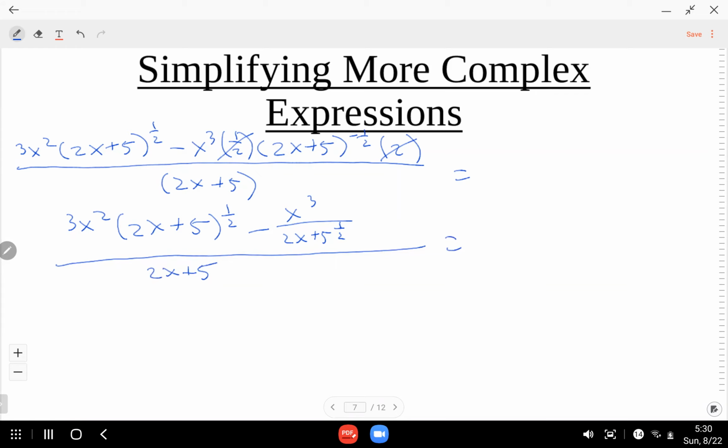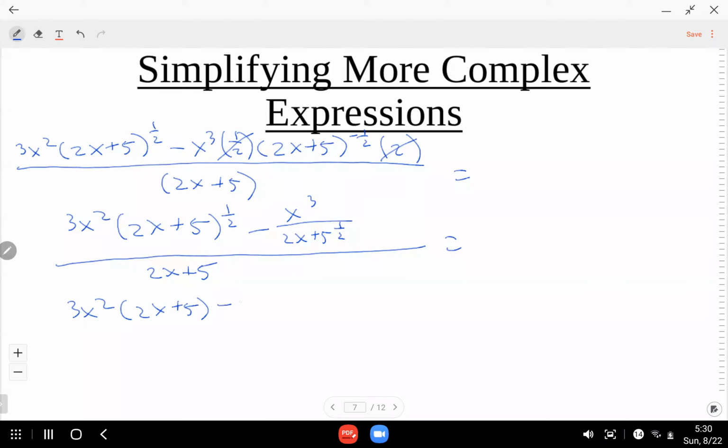This equals 3x squared times (2x plus 5), because it's this times this. The exponent is 1/2 plus 1/2, that just equals (2x plus 5) to the first power, right?